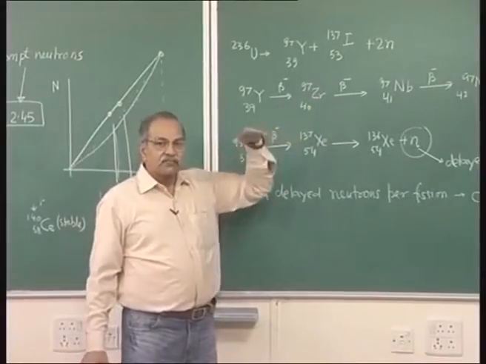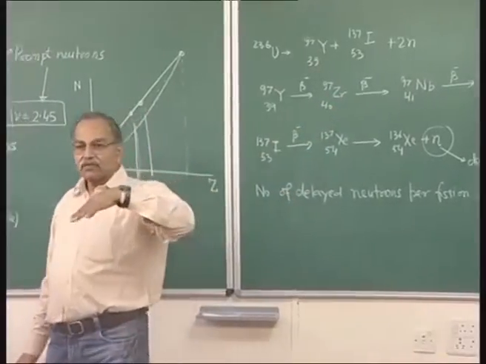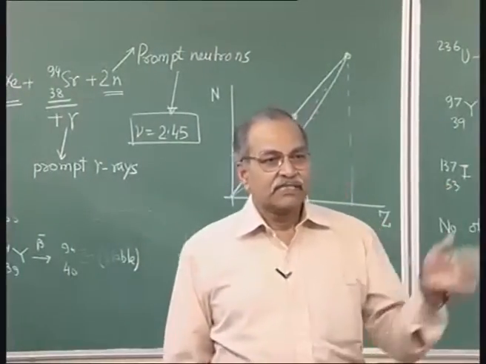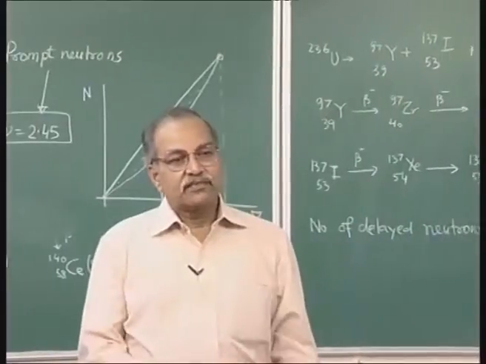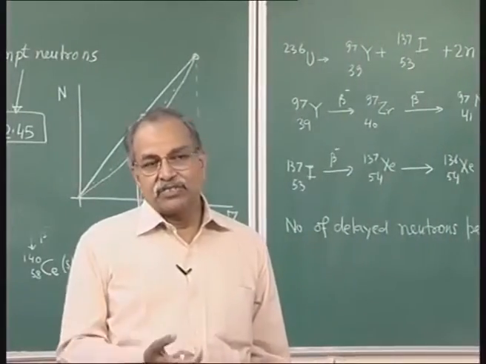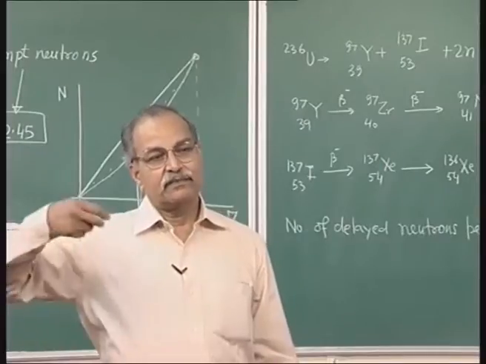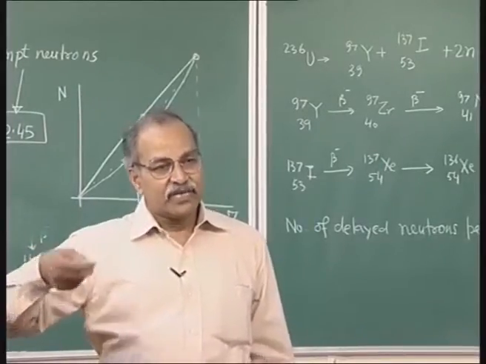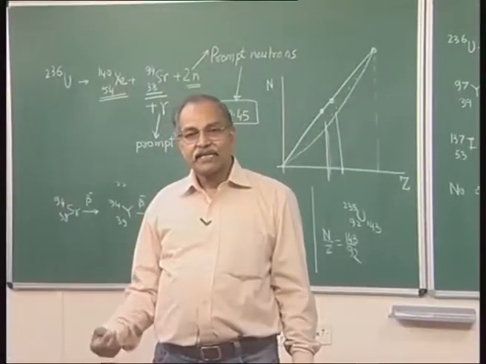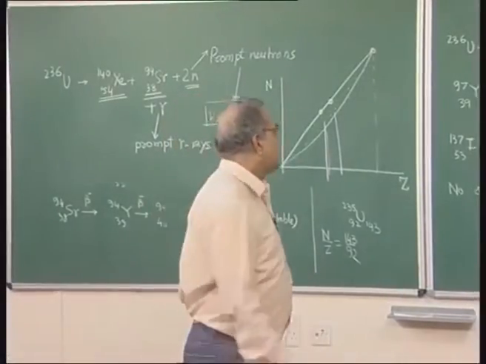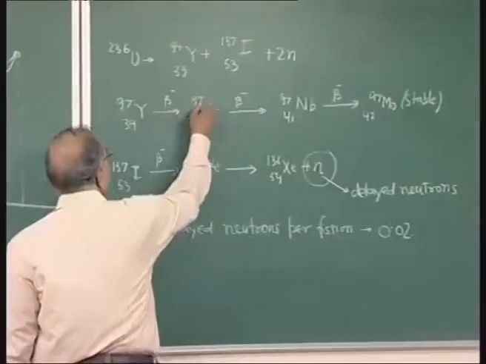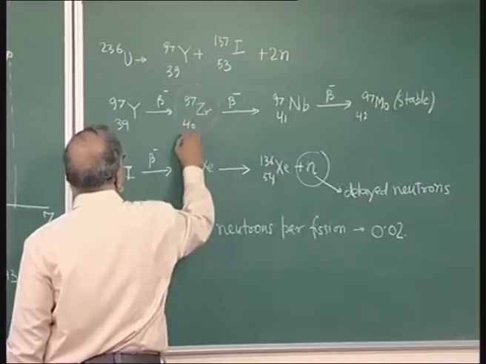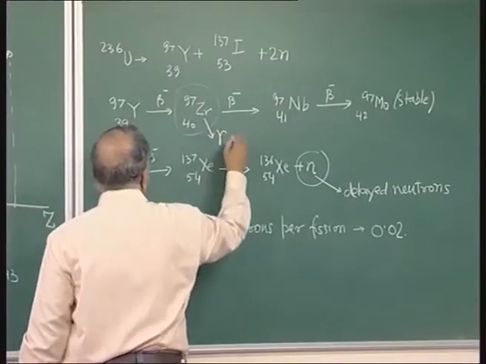The daughter created in regular beta decay is normally at some higher excited state, and from there it goes to its ground state emitting gamma rays.